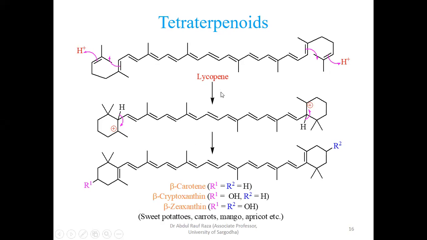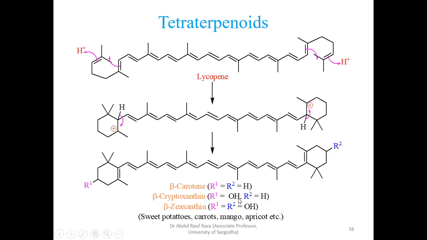First, hydrogenase works on this. This is lycopene. So we have a ring present here, R1 and R2. If both of them are hydrogen, this is called beta carotene. Beta carotene is a tetraterpenoid.